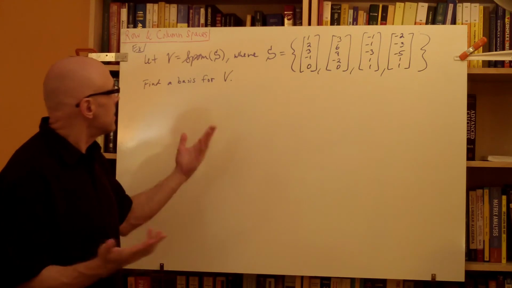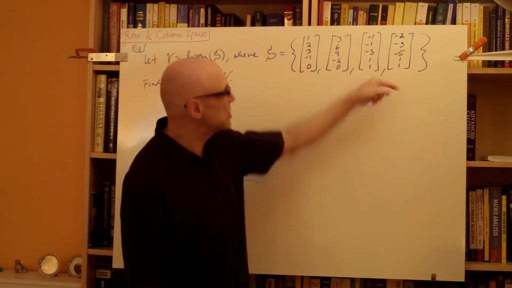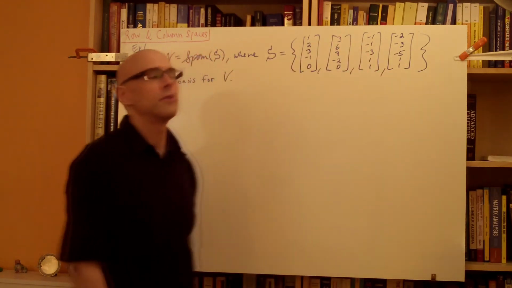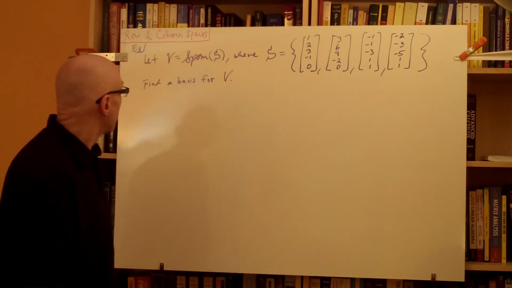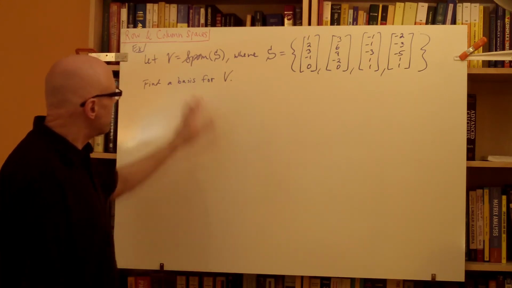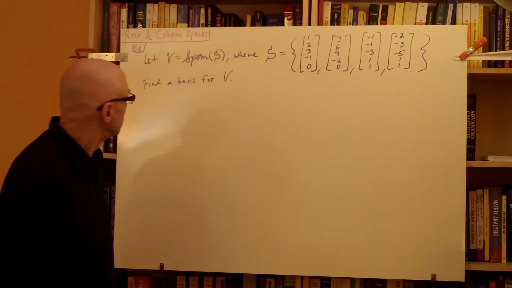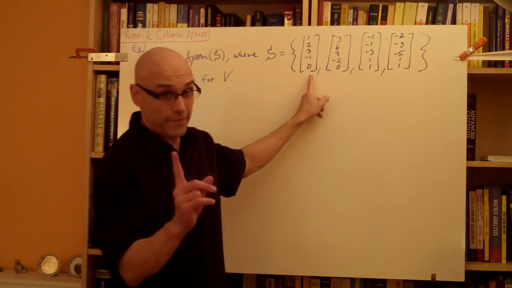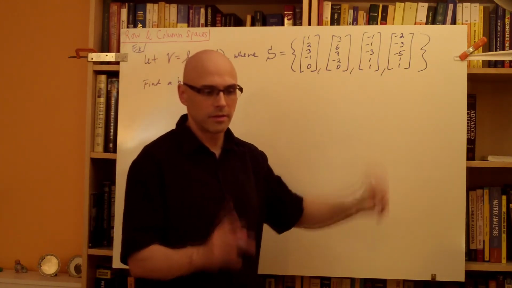So what we are seeing here is that V, which is the span of these 4 vectors in R5, is a subspace of R5, but it won't equal R5. So, a basis for V. This is a basis for V if these 4 vectors are linearly independent.